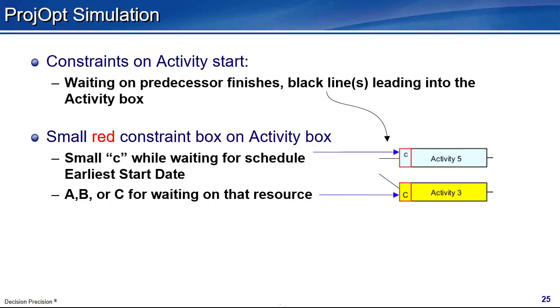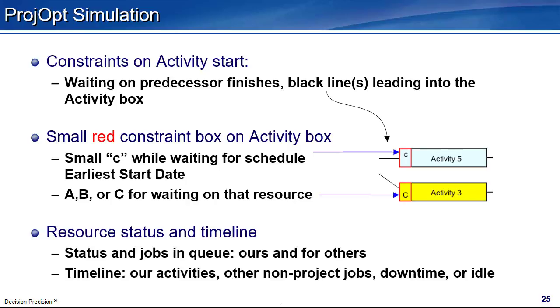Moreover, activities may use more than one resource, and some resources, such as computers and deeply staffed services, lend well to sharing. The top of the screen will show resource statuses and jobs in queues. Below that is a Gantt-like chart showing the resource histories, our activities, not our project jobs, downtime, and idle.